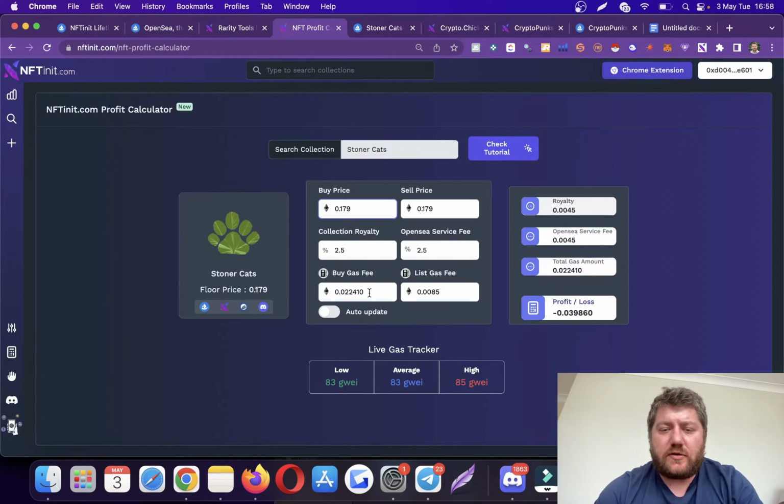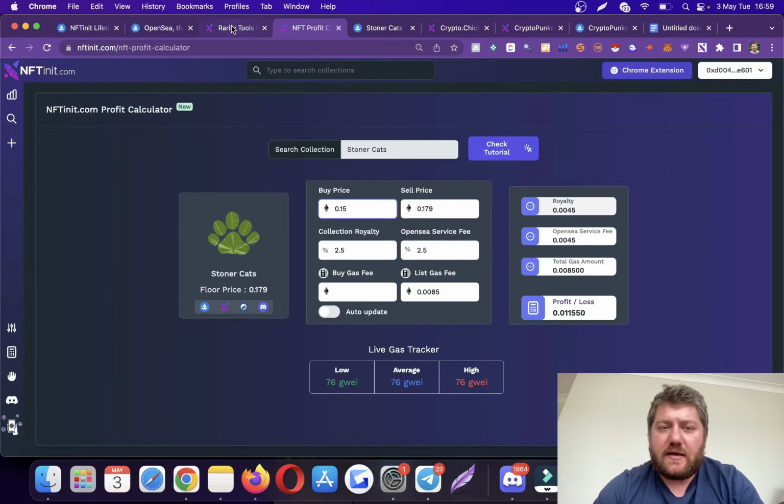So I'm going to get this with bids. So what happens if I offer 0.1? It actually leaves quite a decent profit because the royalty is low. You know what, maybe I'm willing to go up to even 0.15. I will offer 0.11, but I am willing to go up to 0.15.